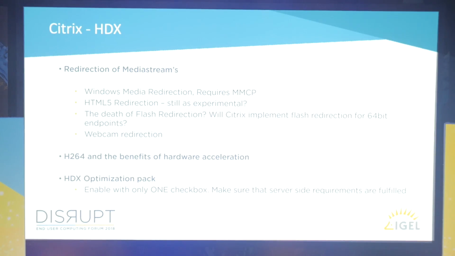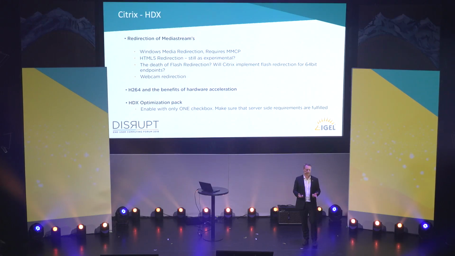We, of course, can do webcam redirection using the channels of Citrix. For those of you that have seen the race driving demo up there, H.264 and the hardware acceleration is the key to achieve this kind of performance.